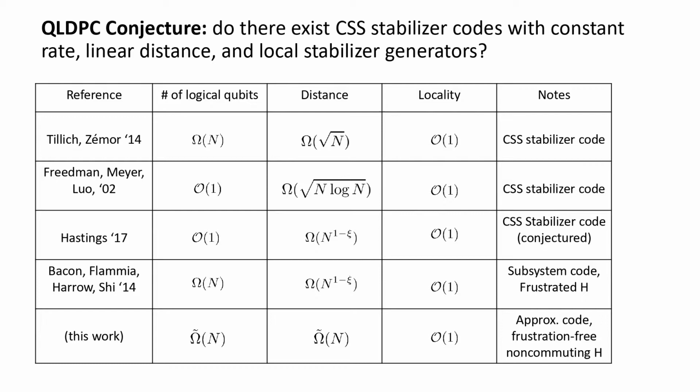There has been some, of course, exciting work in this decade, especially by Hastings, which comes close to achieving linear distance under some conjecture of high-dimensional geometry with the CSS stabilizer code.